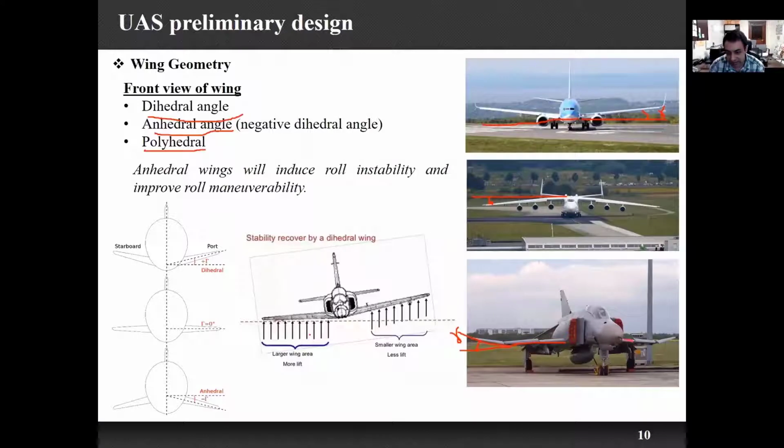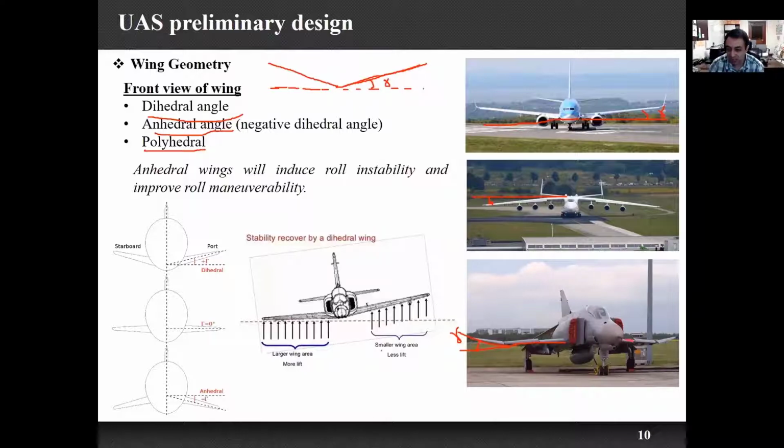So going back again to the slide, I want to show you here. Let's say that my wing has a dihedral angle, and this is my horizontal line. Let's say this wing has an angle of gamma here.